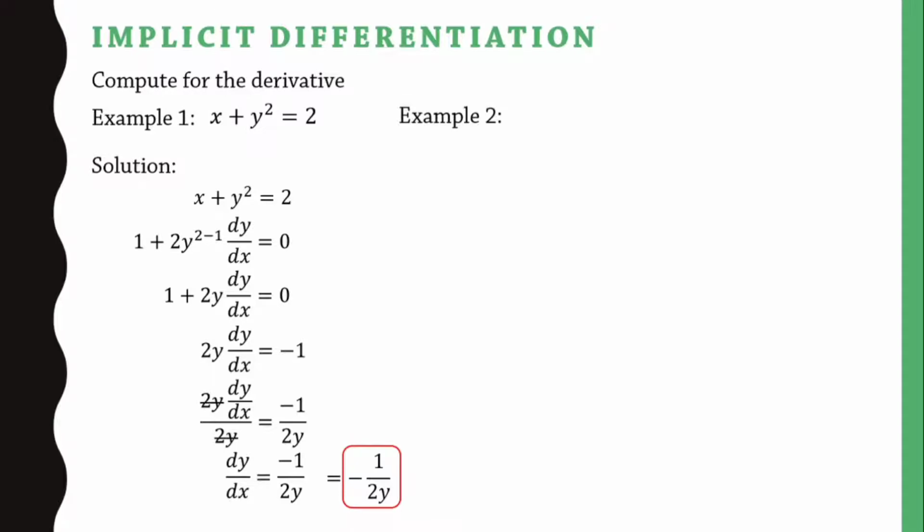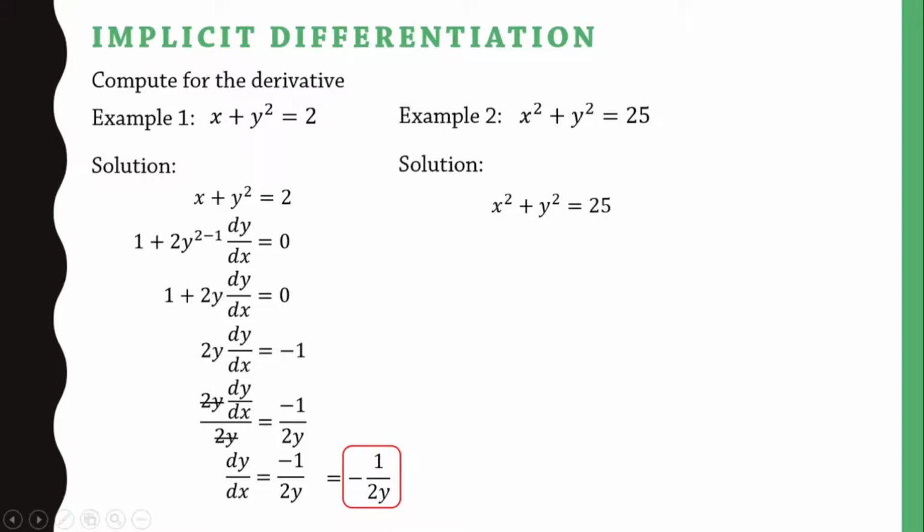Example number 2, we have x squared plus y squared equals 25. Now, to directly get the derivative using implicit differentiation, we get the derivative of x squared. Every time that we get the derivative of x, we simply use the differentiation rule.